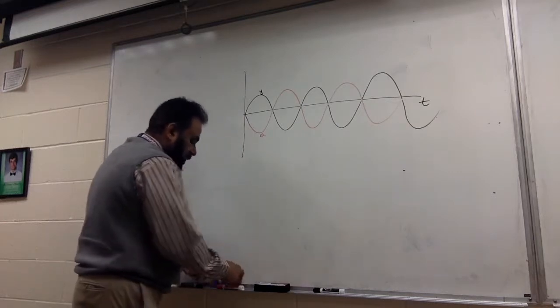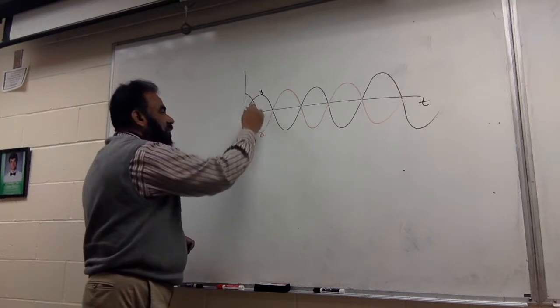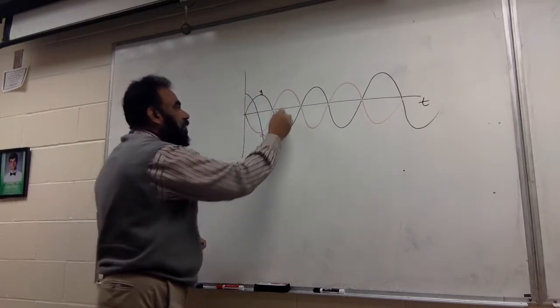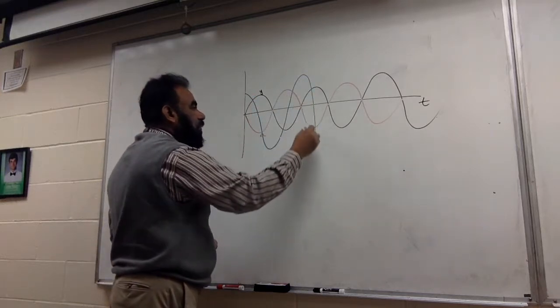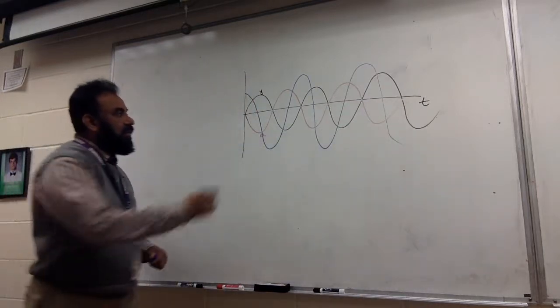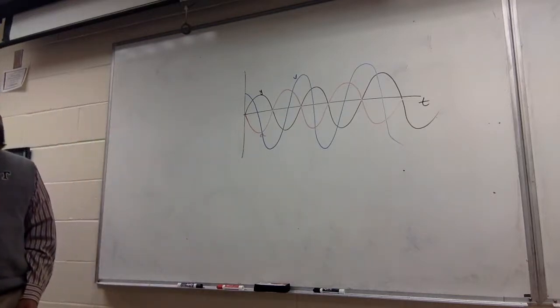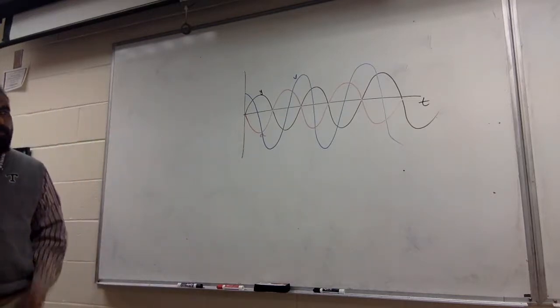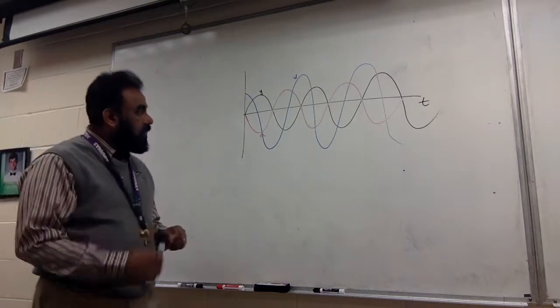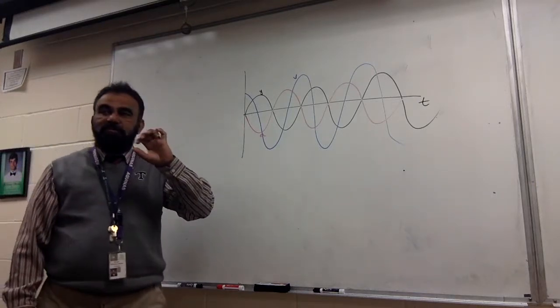How is the velocity graph? Cosine. Cosine. So that's the velocity graph. And again, look at this graph and you can see more details.